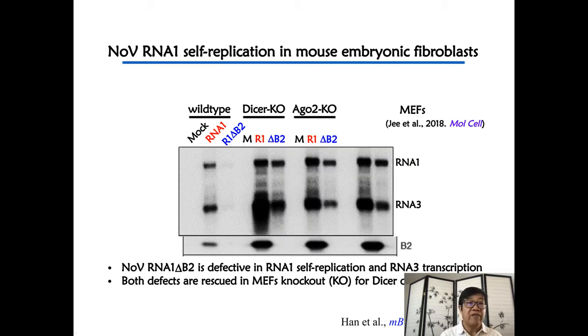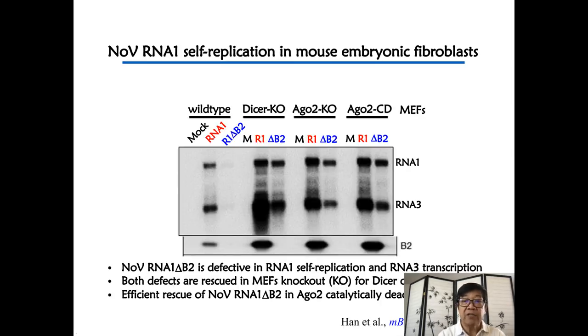Notably, we find both RNA1 and RNA3 of the delta B2 mutant RNA1 accumulated to high levels in both Dicer and Ago2 knockout cells, shown in the middle of this panel.